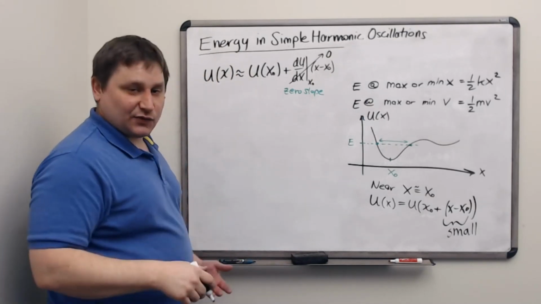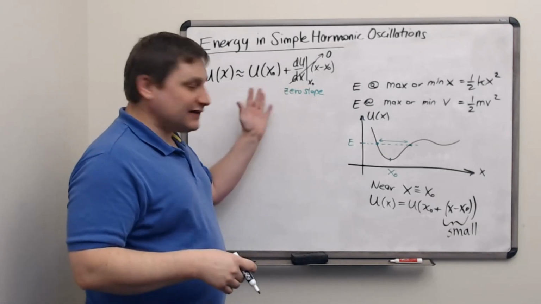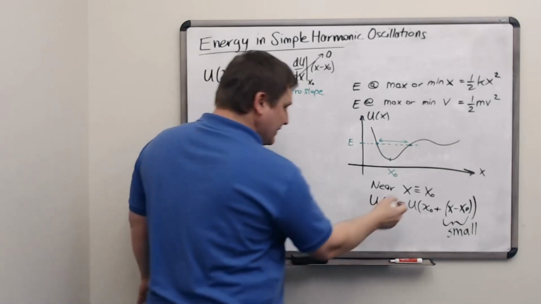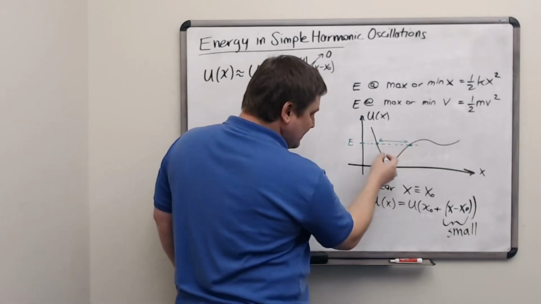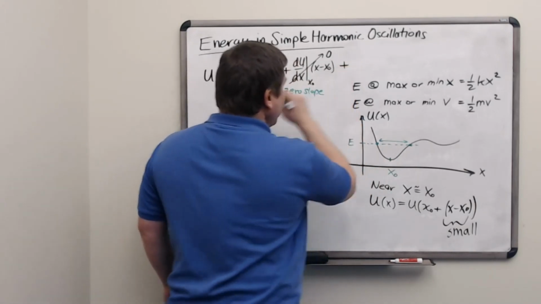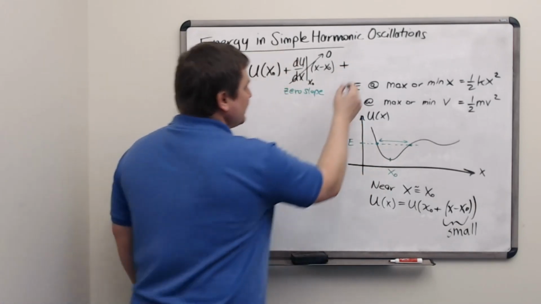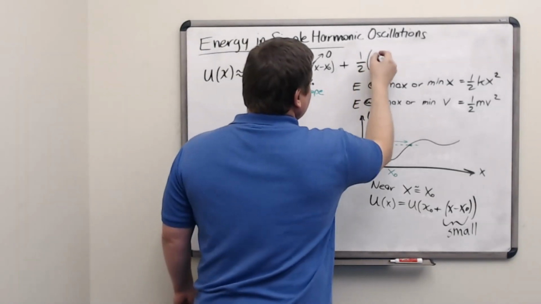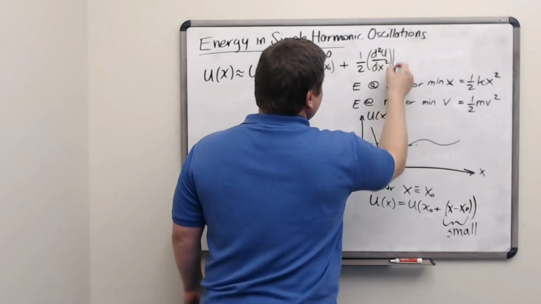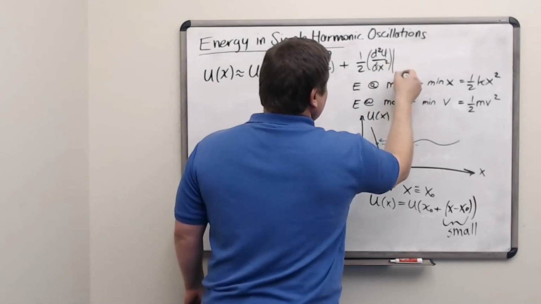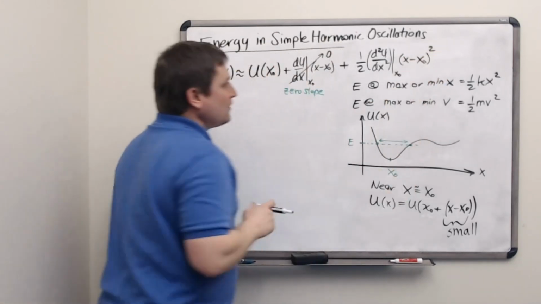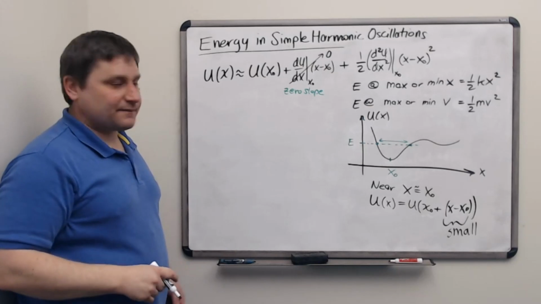And what that means is we have to find out what the next term is in the Taylor expansion to get anything non-trivial. The next term is to approximate this minimum position as a parabola. And the expression for the parabola is 1/2 times the second derivative of the potential energy function, evaluated at x0, times the distance from the equilibrium spot, from the minimum, squared.